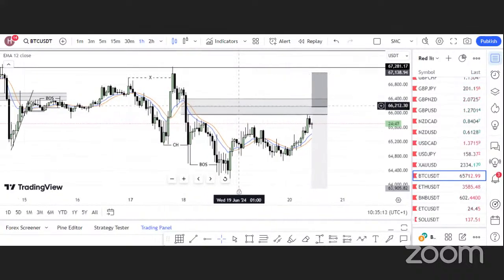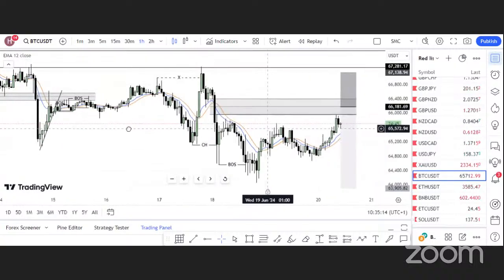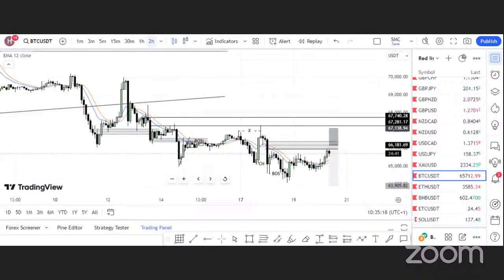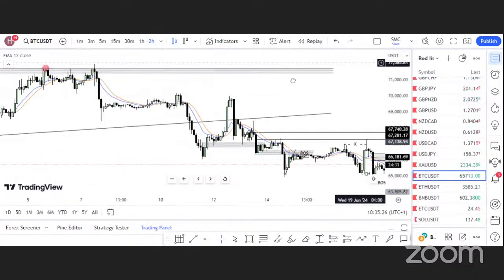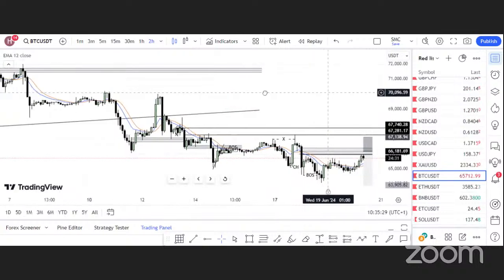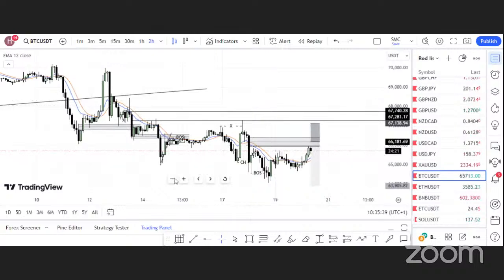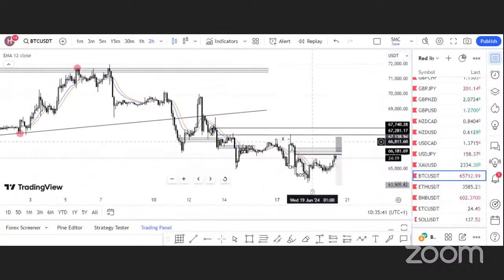Let me just quickly walk you guys through this analysis and move on with other analysis. As you can see here, the market has been moving in the bearish direction. The market has been on the bearish trend.